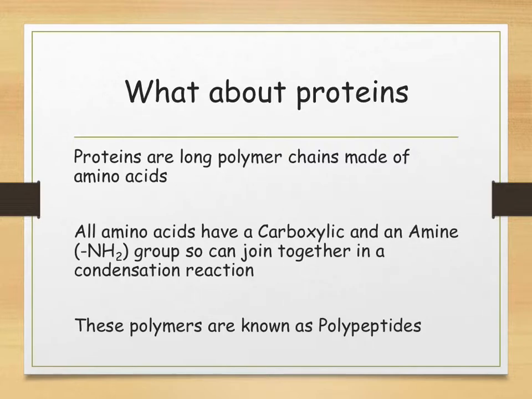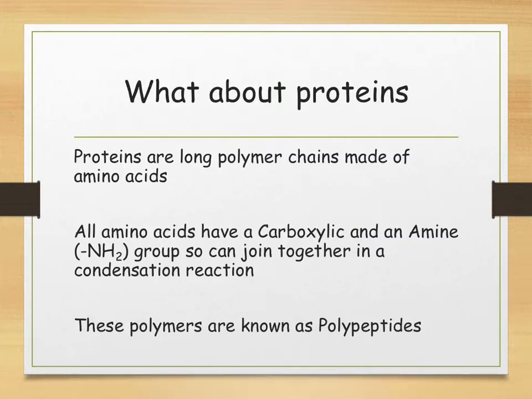We also need to look at proteins. Proteins, as you should know from biology, are long polymer chains made up of amino acids. Amino acids have a carboxylic group and an amine, that's an NH2 group, so can join together in a condensation reaction. In the last tutorial video, we looked at condensation reactions where each monomer had 2 of the same functional group.